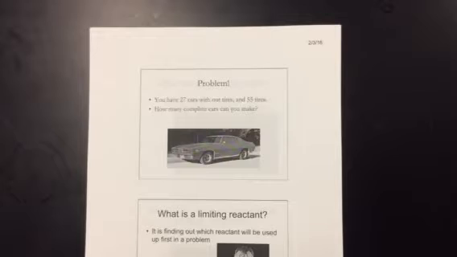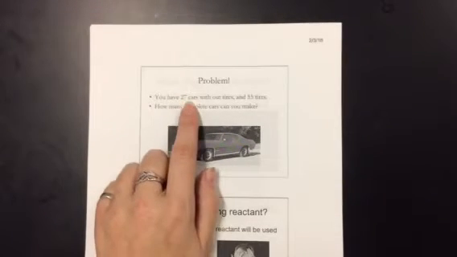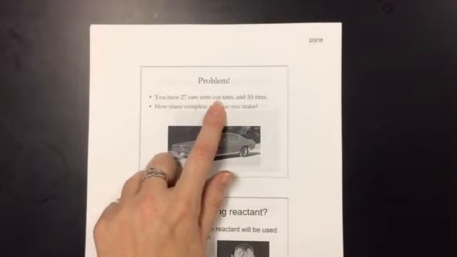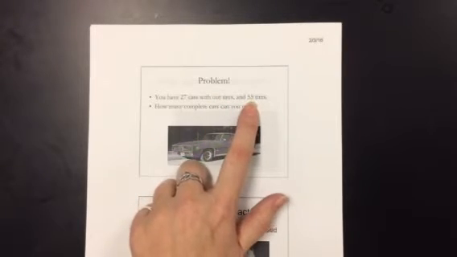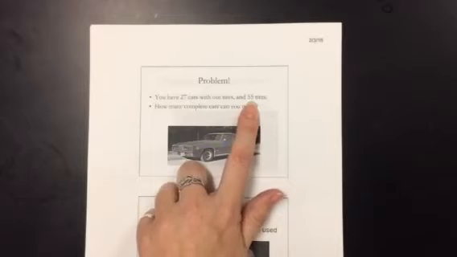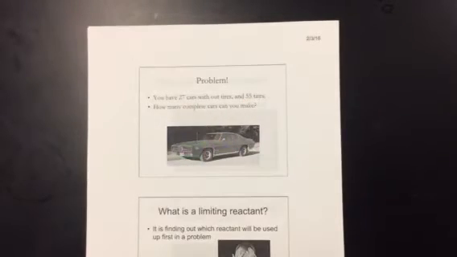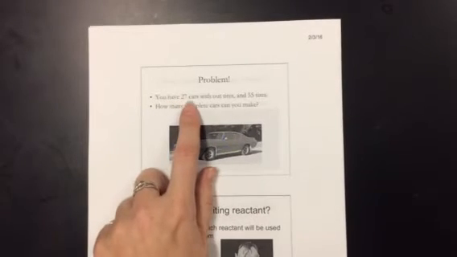So when we get to that car lot, they have 27 cars, but they don't have any tires on them. And then he said, oh, in the shed I've got 55 tires, and those tires are going to magically fit on those cars. So we need to figure out how many complete cars we can actually drive away with today. With my car bodies, I could make 27.